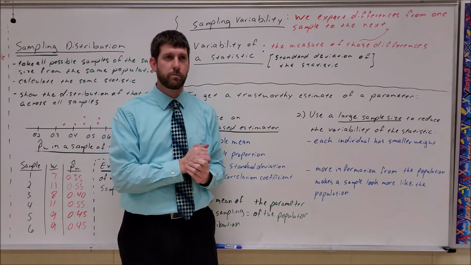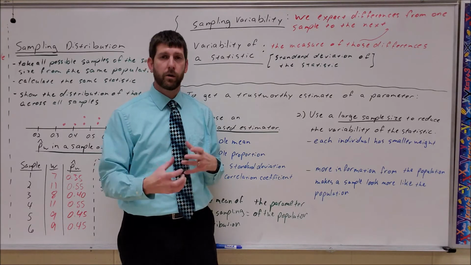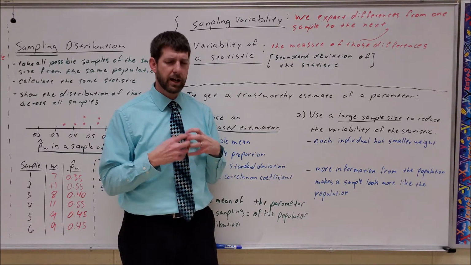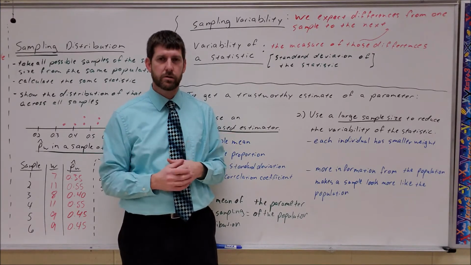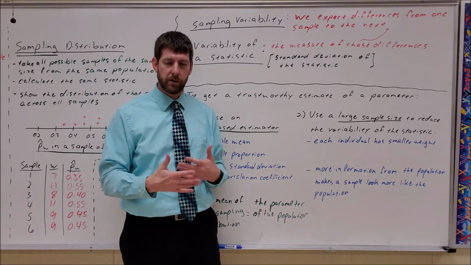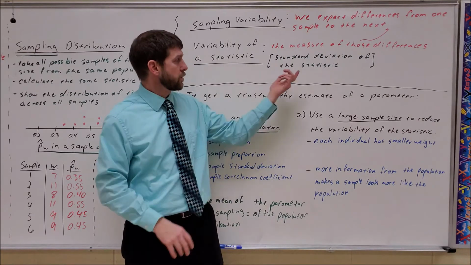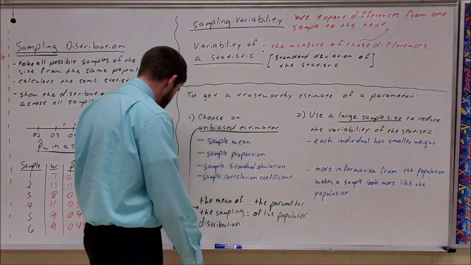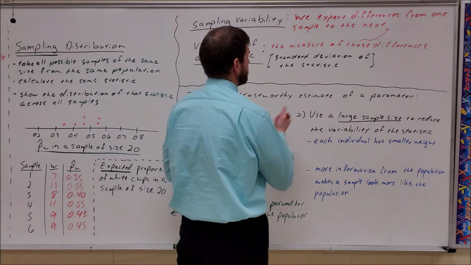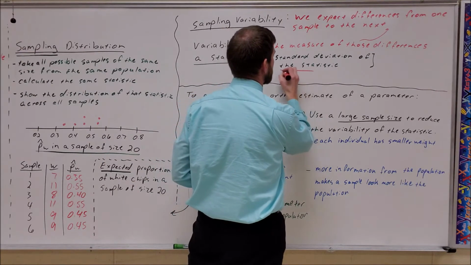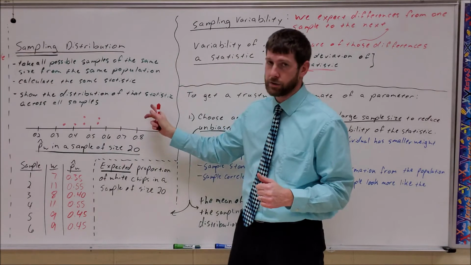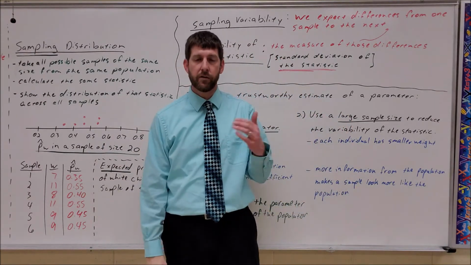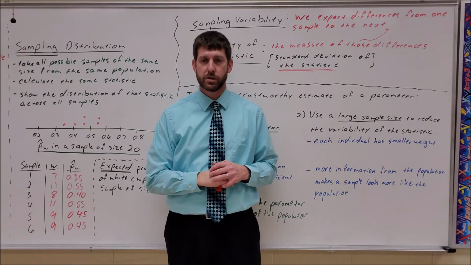Well, I told you back last semester that we were going to get into a lot of different ways to talk about standard deviation. We've already introduced quite a few. Vocabulary terminology is really important on it. So when you see standard deviation of the statistic, this is standard deviation of a sampling distribution, not standard deviation of a sample or standard deviation of a population.